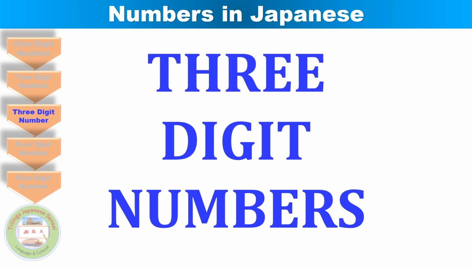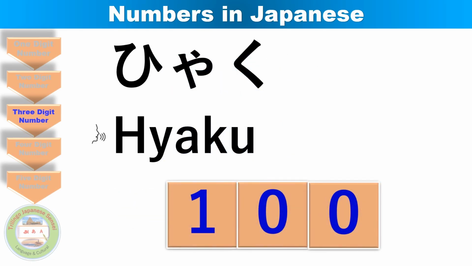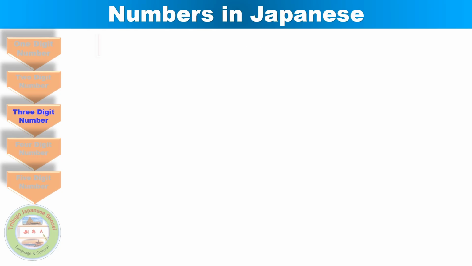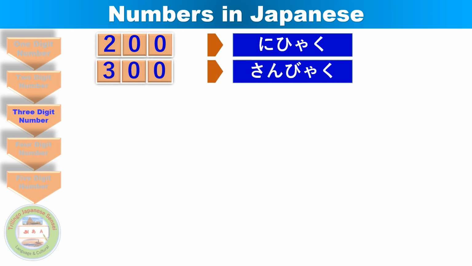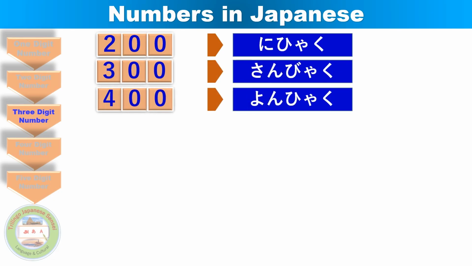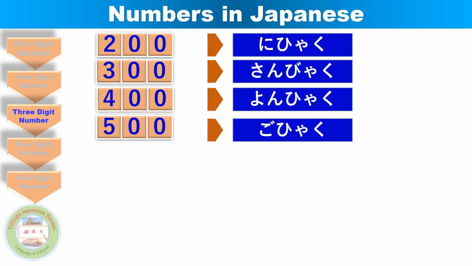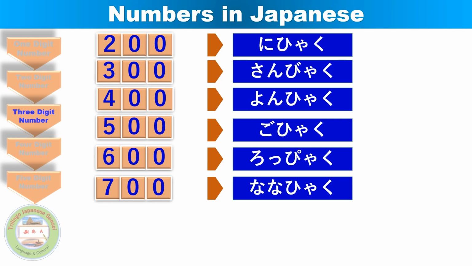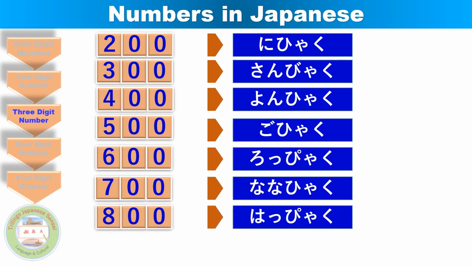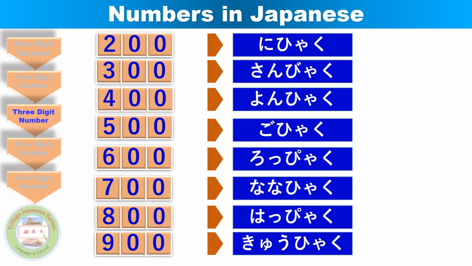In the 3 digit number system, let's start with 100. 100 is called hyaku in Japanese. Similarly, 200 is called nihyaku. Then 300, sanbyaku. 400, yonhyaku. 500, gohyaku. 600, roppyaku. 700, nanahyaku. 800, happyaku. 900, kyuhyaku.